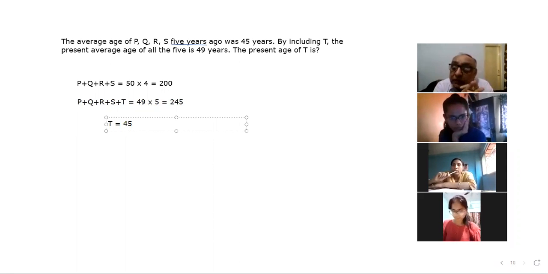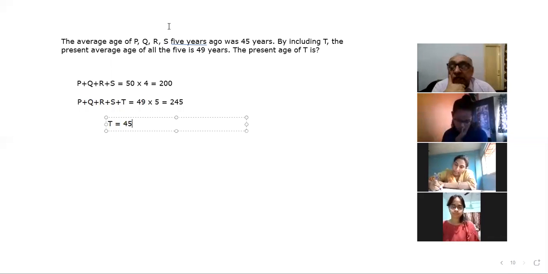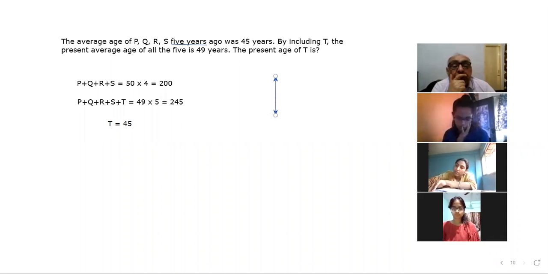Otherwise, you can also take it like this. These were the 4 persons already, P, Q, R, S, and the present average age of the 4 persons was 50 years.